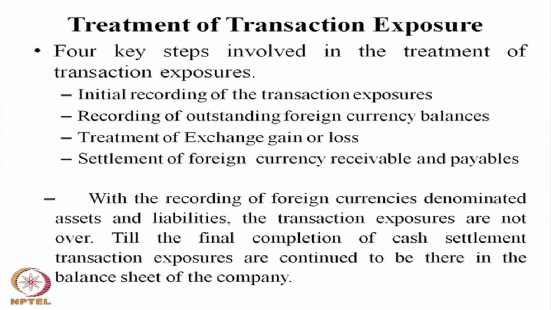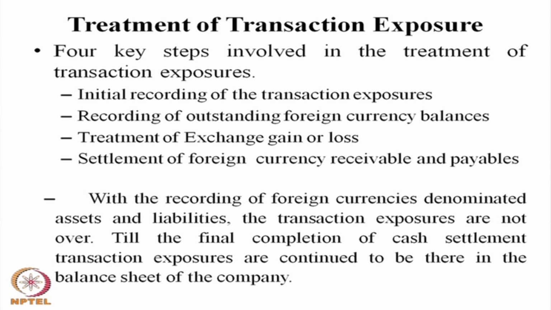Negotiating skill, in the form of an operational risk assessment approach, also to some extent helps in minimizing the transaction exposure. If you negotiate with your party that I am going to pay a constant amount, then transaction exposure is automatically removed. But negotiation skill depends upon the bargaining power of the two parties.